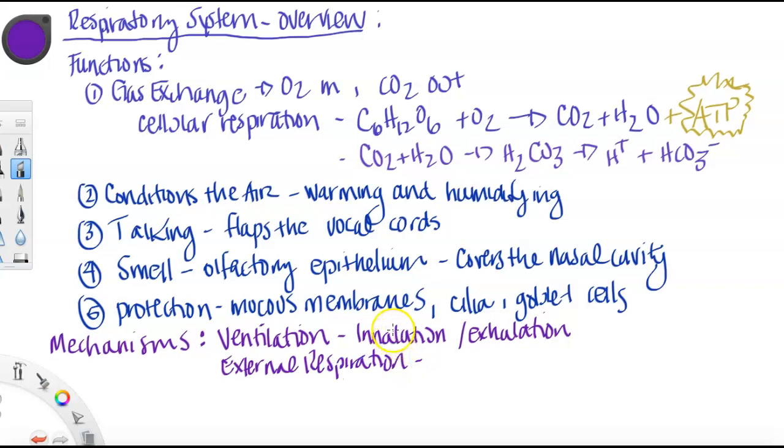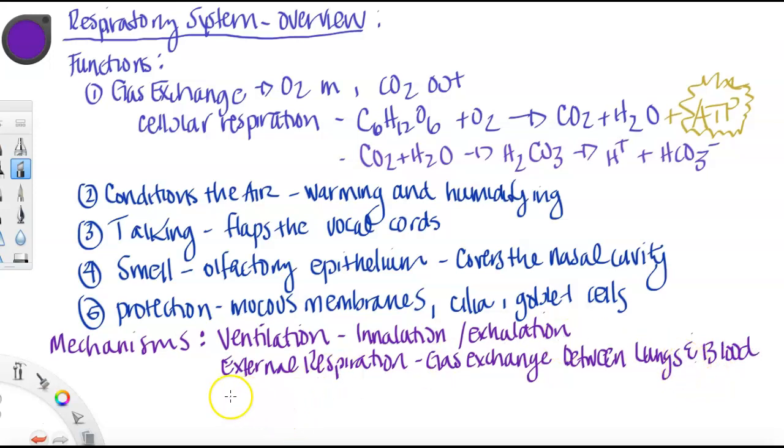Right, and that's the process where we get gas exchange between the blood and the lungs. We're bringing oxygen into the blood, and we're getting CO2 back to the lungs so we can breathe it out.